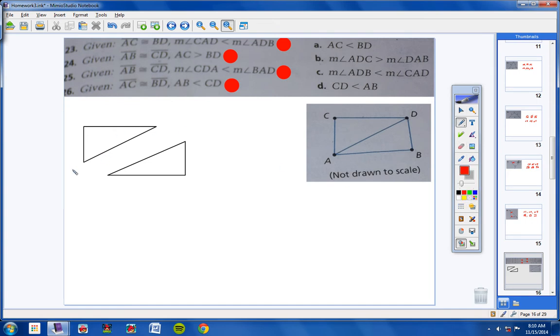Okay, so this would be A, C, D, and this would be A, D, B. All right, here we go.